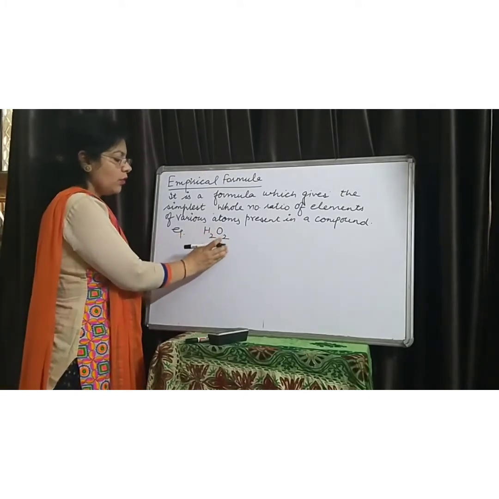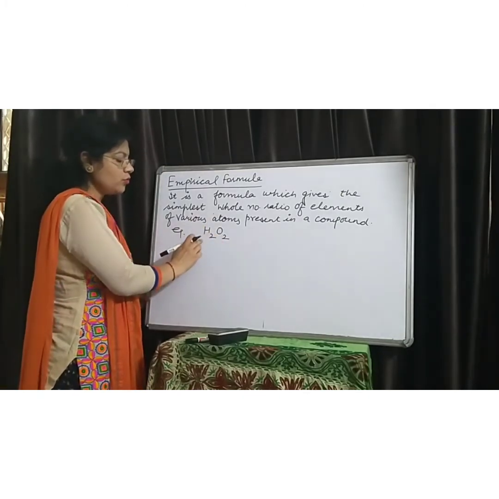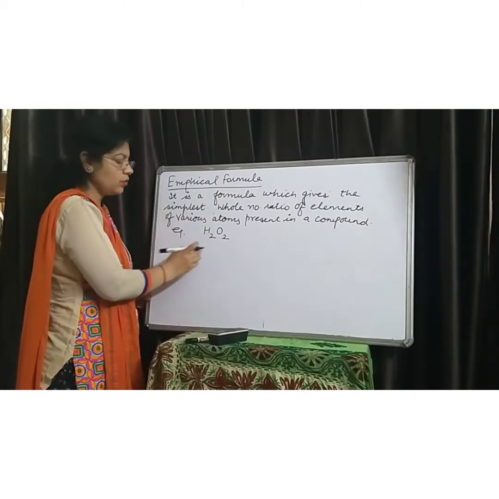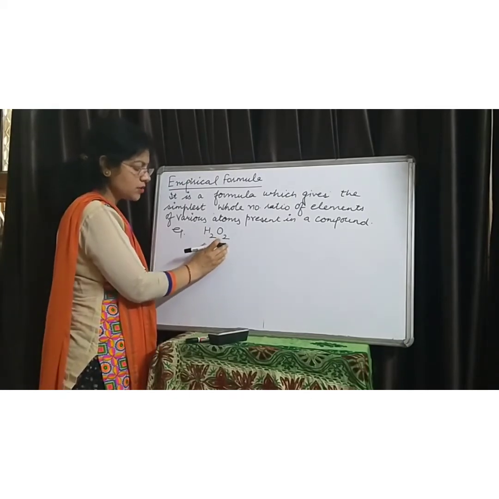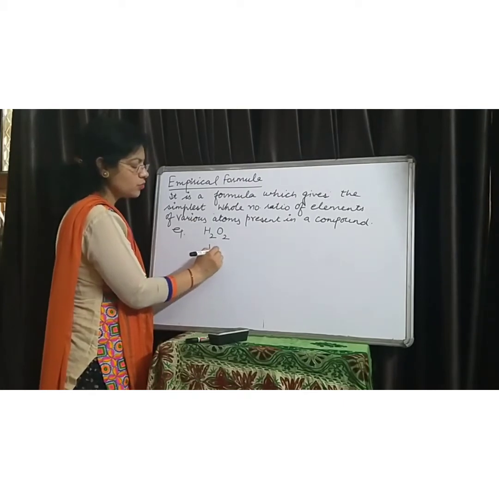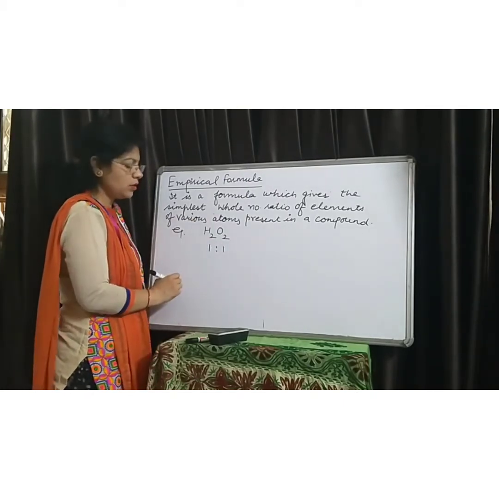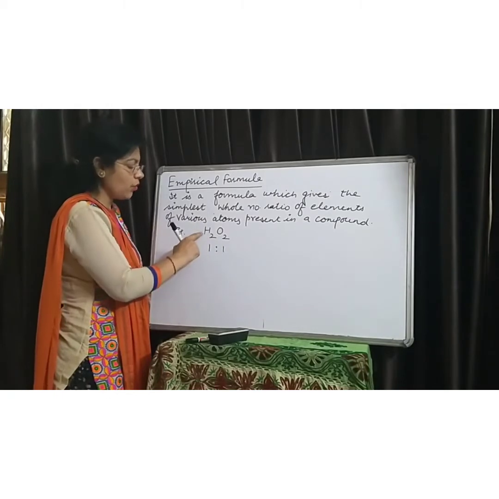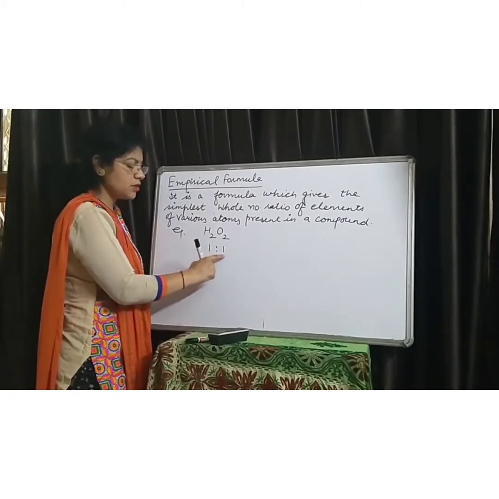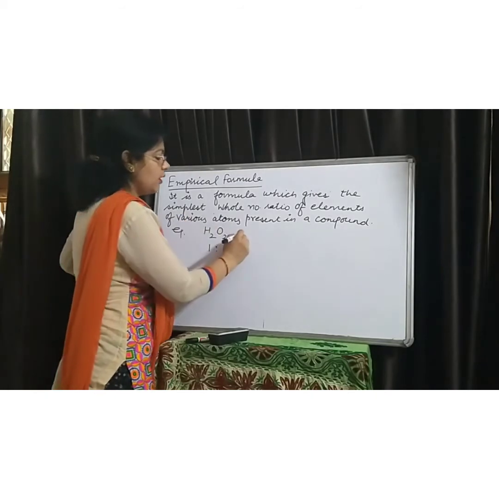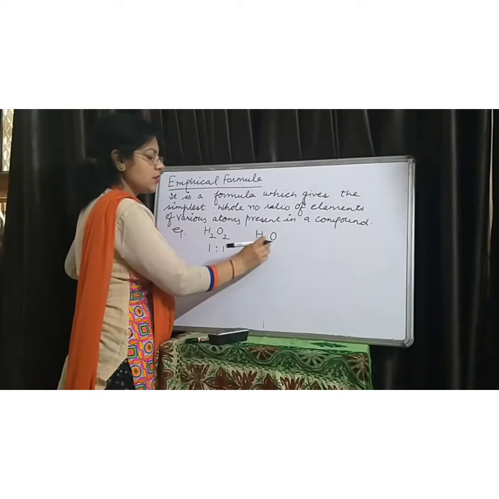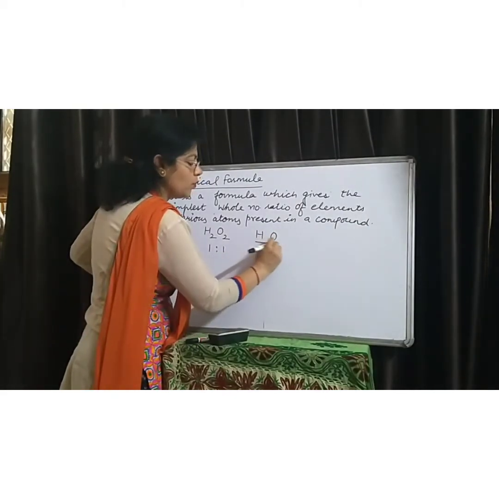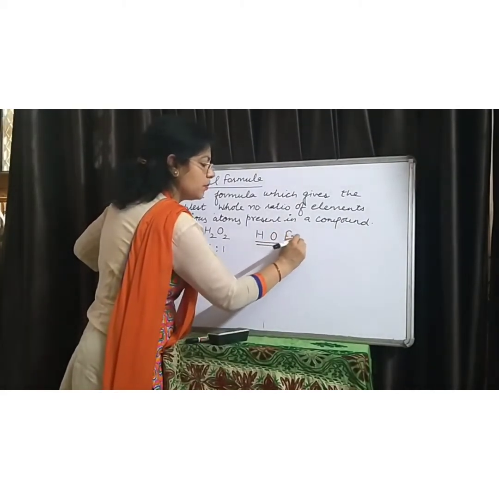If we want to find the simplest ratio, then the simplest ratio of hydrogen and oxygen in this compound is 1:1, so its formula becomes HO. This is the empirical formula of hydrogen peroxide.